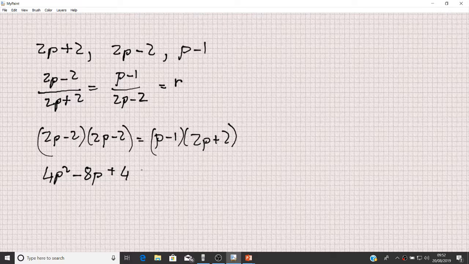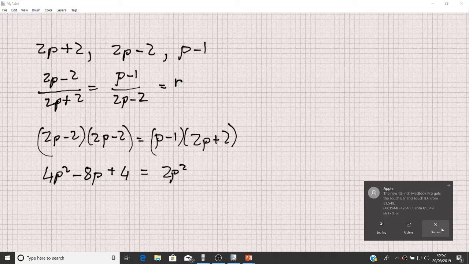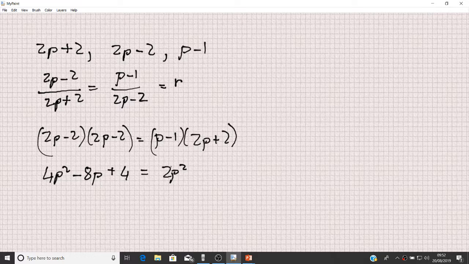And on the right, I'm going to have 2p squared minus 2p plus 2p minus 2.